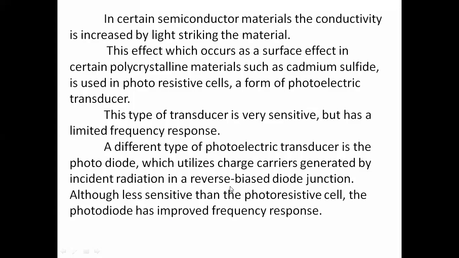This photodiode is less sensitive than the photoresistor cell, but its operating range is very high when compared to it. That is one of the advantages. So this is the photoresistor cell and the photoelectric transducer, that is, the photodiode.